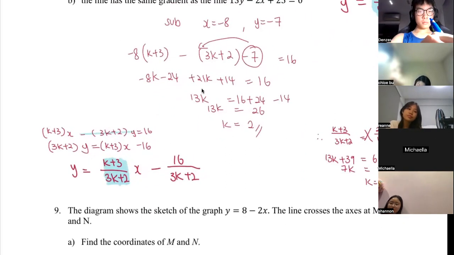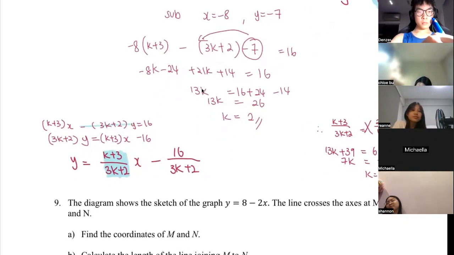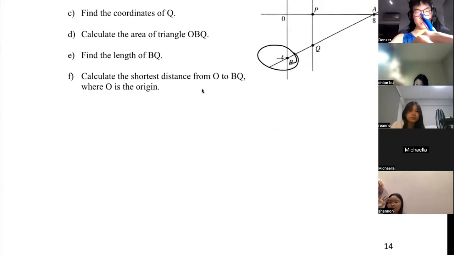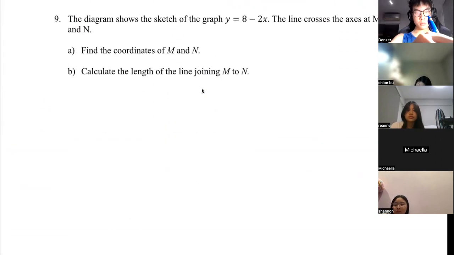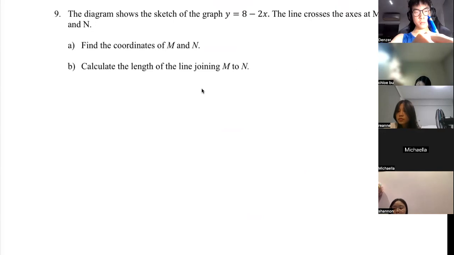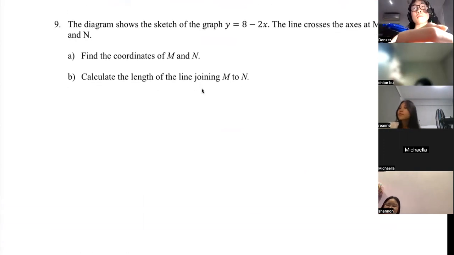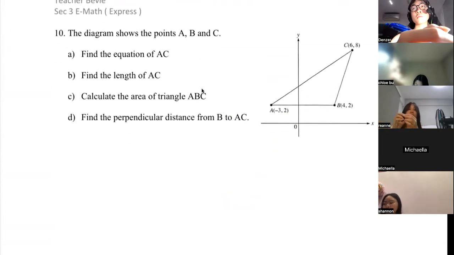But can understand, right? Can, okay, that's good. Okay, this one, the diagram shows the sketch. No sketch. Alamak. Sorry, I forgot to put the diagram in. I will go and take a look at it. Question 9, we skip first.